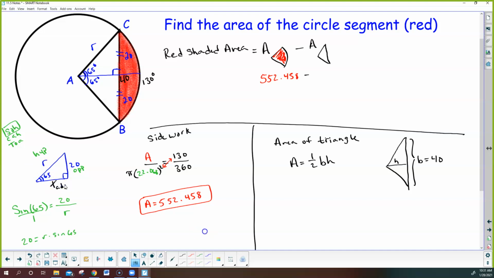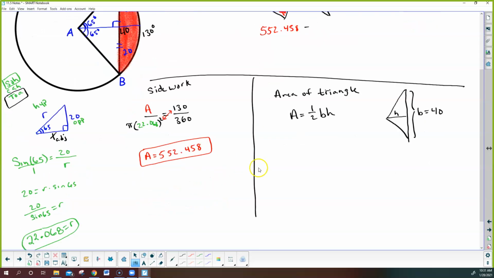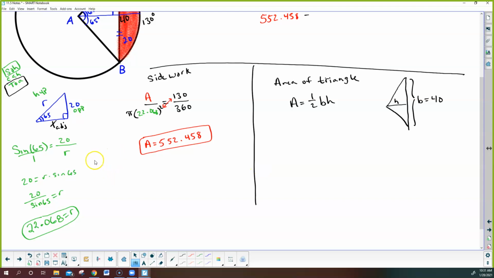The X value is in the adjacent, and I could use opposite over adjacent. I could use tangent, which is what I'm going to do. Or I could use cosine with the X over the hypotenuse because we now know what the radius is. I would recommend using the tangent ratio though.